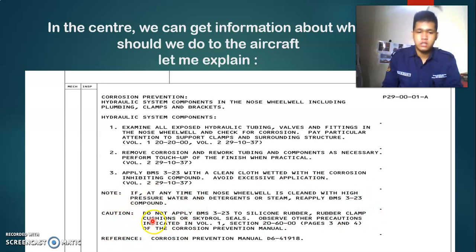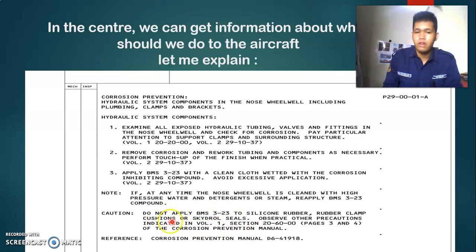And the caution is, do not apply BMS 3-23 to silicone rubber clamp cushions or Skydrol seals. Observe other precautions indicated in Fall 1.